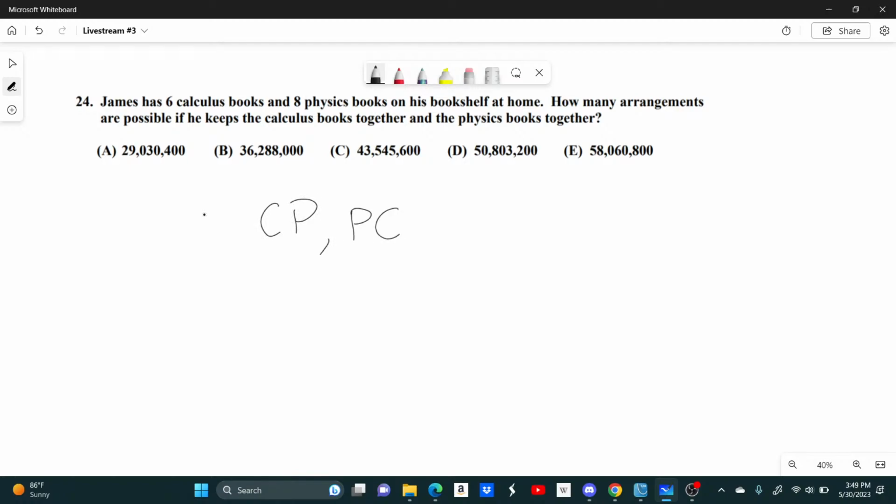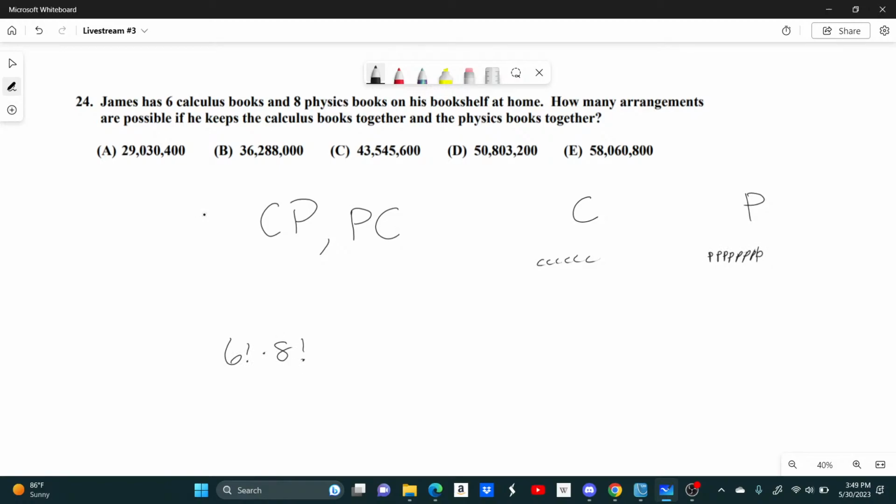You only have 2 possibilities. But within each of your big calculus book and big physics book, you have 6 little calculus books and 8 little physics books. Well, how many ways are there to arrange each of these? To arrange 6 things in a line, that is 6 factorial ways. To arrange 8 things in a line is 8 factorial ways.